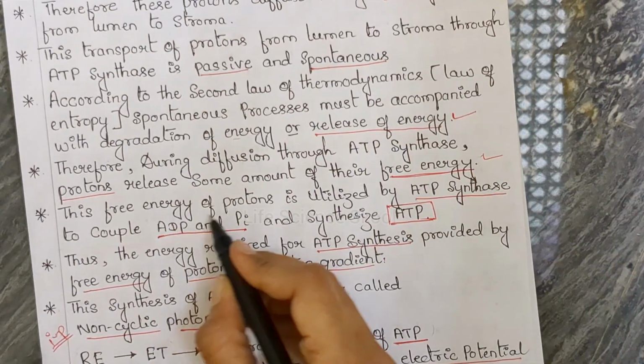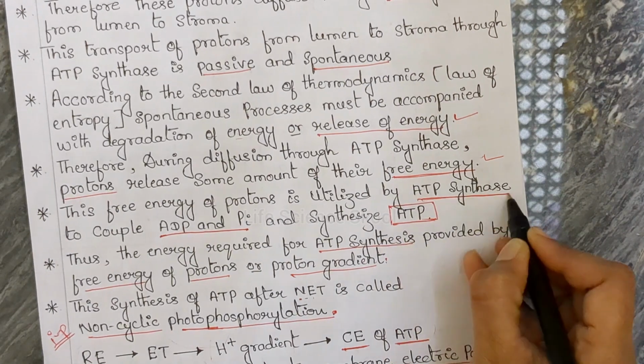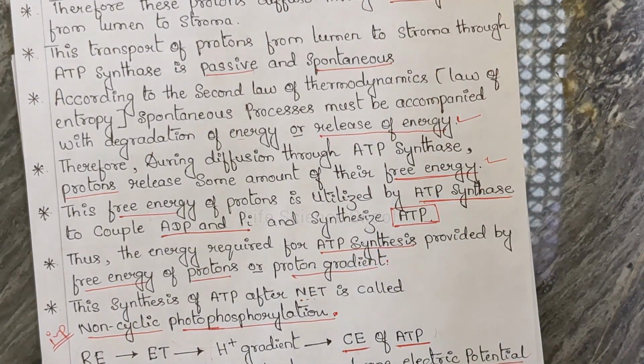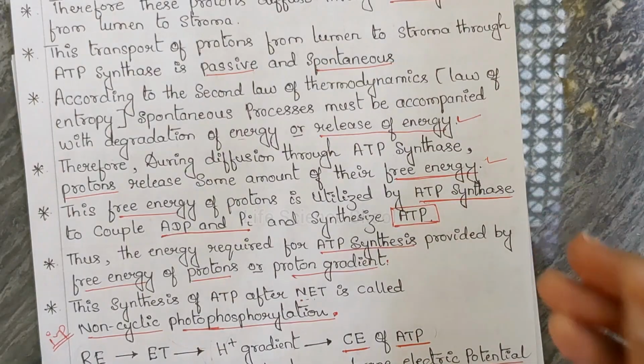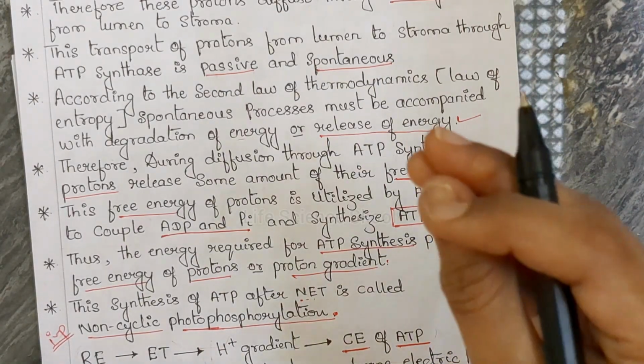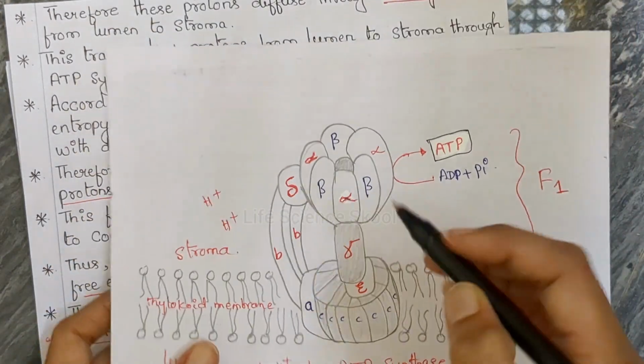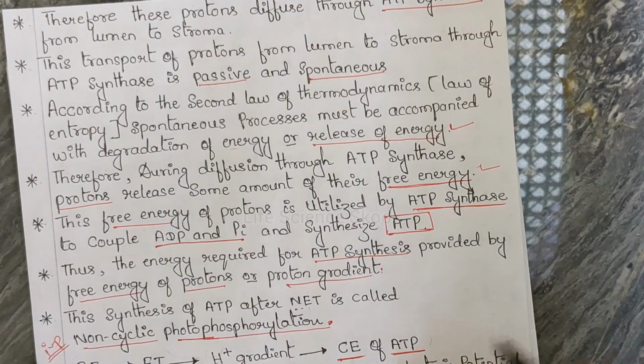This free energy of protons is utilized by ATP synthase. While they are moving from a higher energy level to a lower energy level, these molecules release energy, called free energy, and this free energy is utilized by ATP synthase to synthesize ATP.